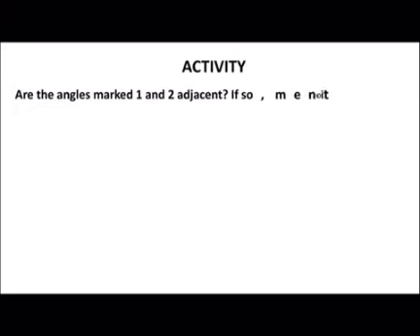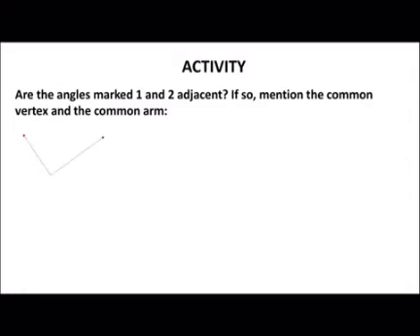Now, are the angles marked 1 and 2 adjacent? If so, mention the common vertex and the common arm. Okay, now these are the figures. We have figure A, that is angle 1, that is angle 2. Now let us see what the second figure is.